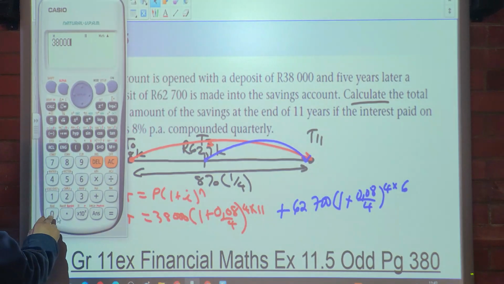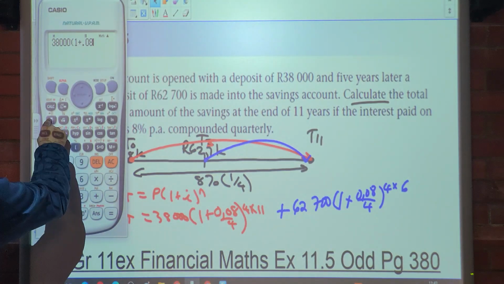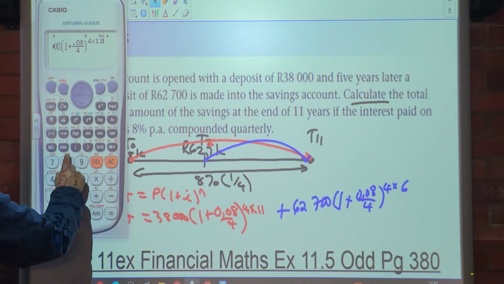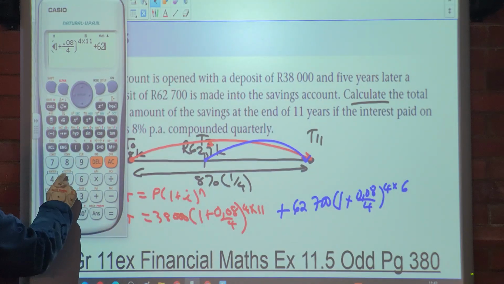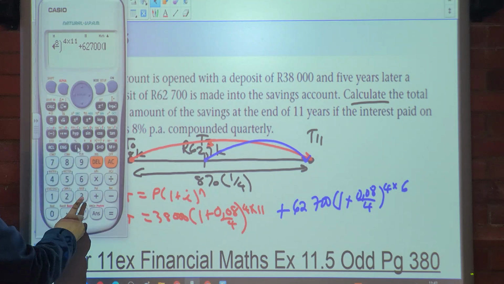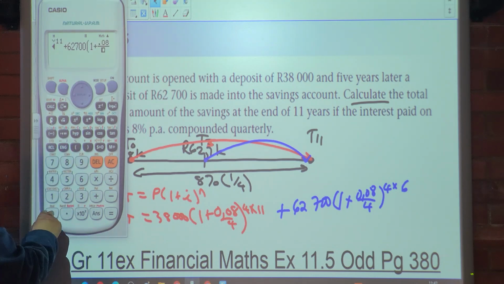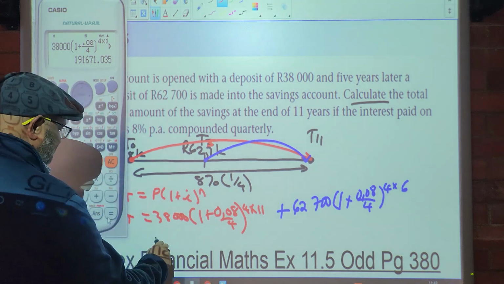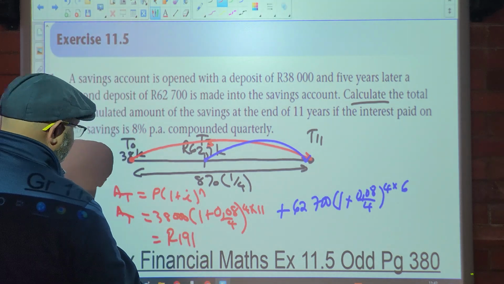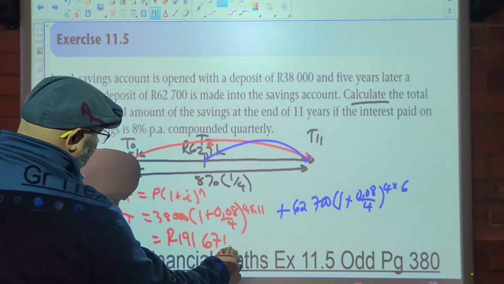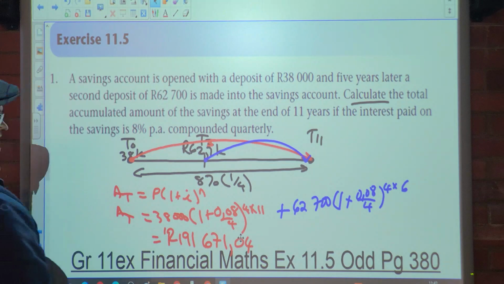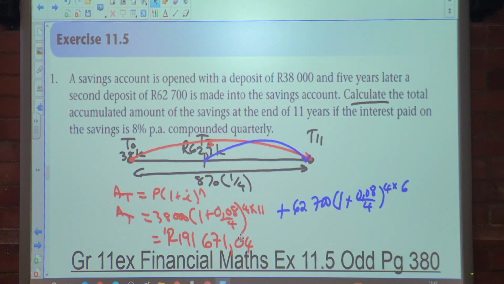So 38,000 into 1 plus 0,08 over 4 to the exponent 4 times 11, plus 62,700 into 1 plus 0,08 over 4 to the exponent 4 times 6, with an answer of 191,671 Rand and 4 cents. Is that correct?